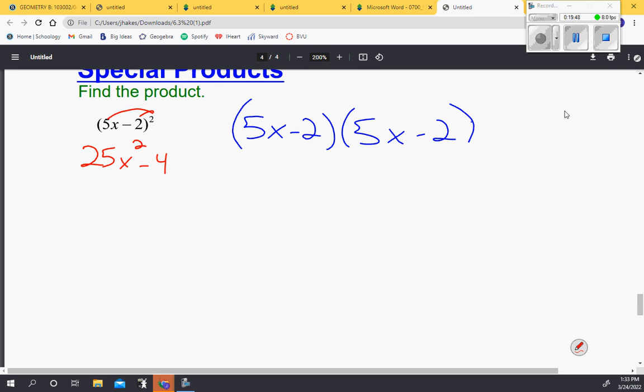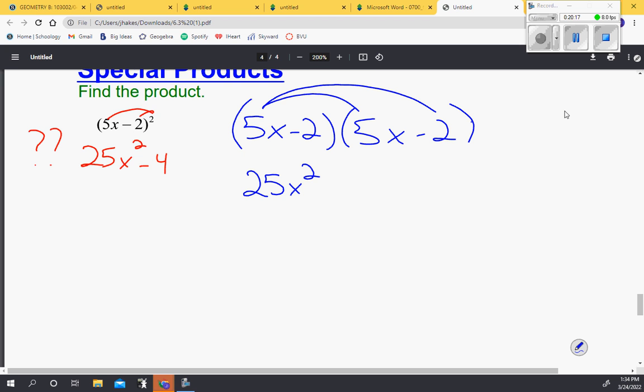Okay? I want to put question marks here. This is the way to solve it in blue here. 5x minus 2 squared is 5x minus 2 times 5x minus 2, which is what I wrote out. I'm going to start with this FOIL method. 5x times 5x is 25x squared.